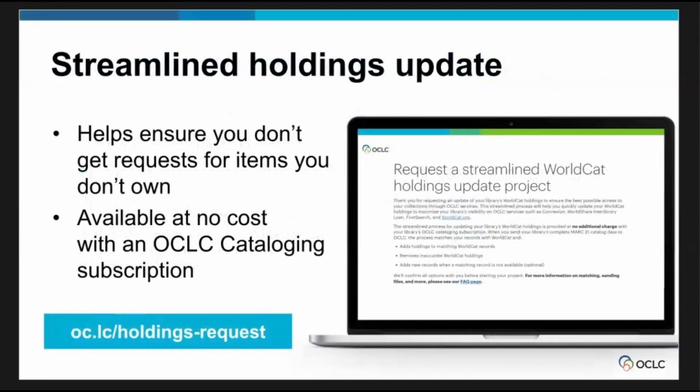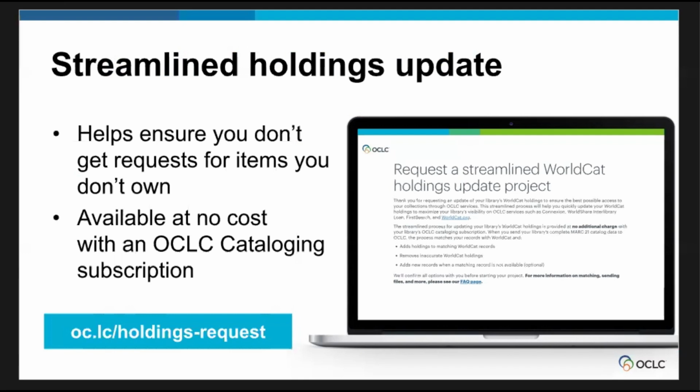And this is what Mary was getting to. We offer a one-time, and I say we, it's another department, OCLC. OCLC will do a free update. I hope you all have cataloging subscriptions, because that's what enables you to get your ILL requests. It's all part of other libraries being able to request things from you. You'll get the slides on the conference site later, and you can request it there.